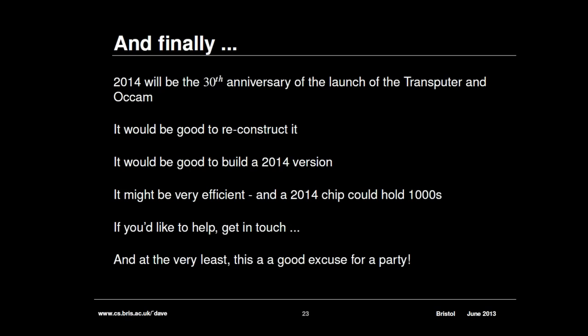I think, well, what can I say about Occam? I think it's a substantial improvement on most of its successors, to quote Tony Hoare talking about ALGOL.